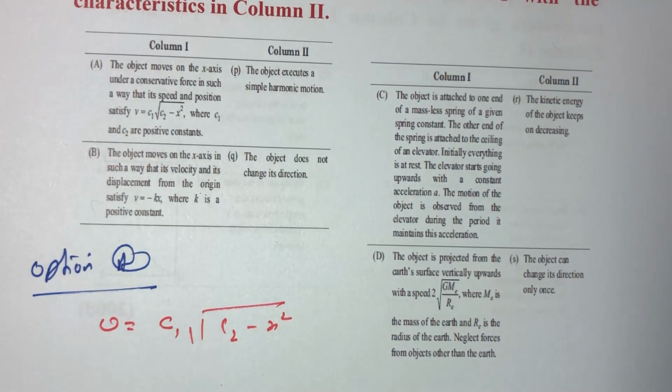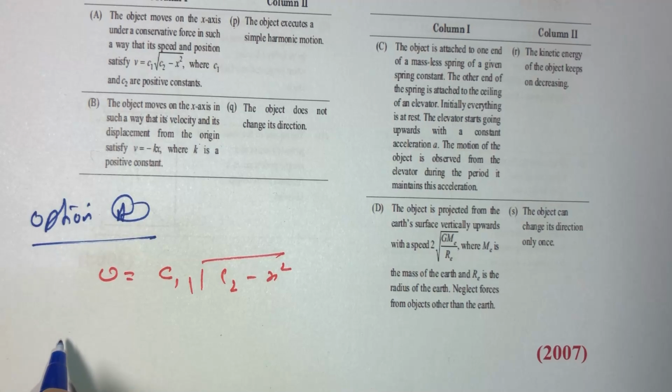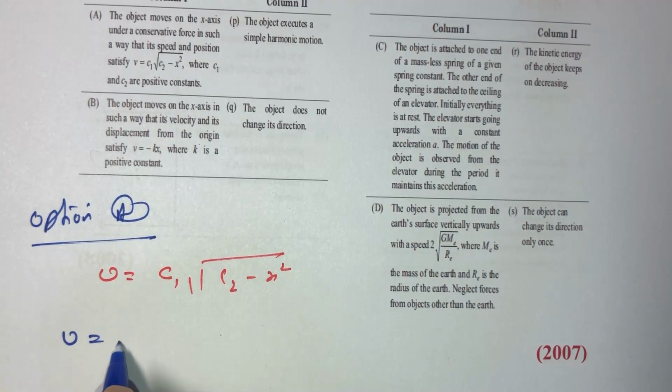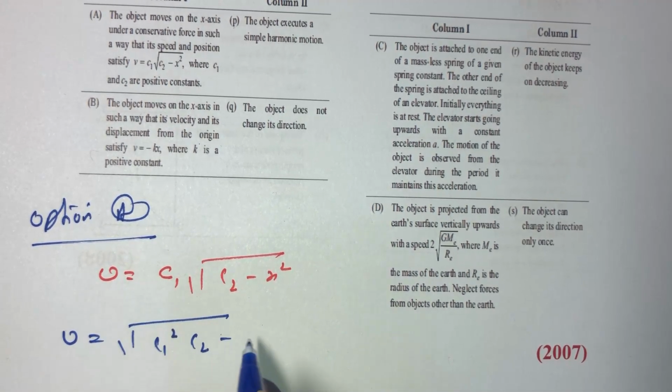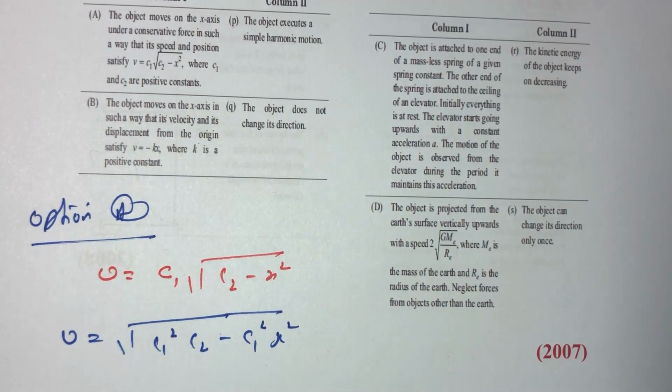So we can just write this equation as V will be equal to square root of C1 square C2 minus C1 square x square.